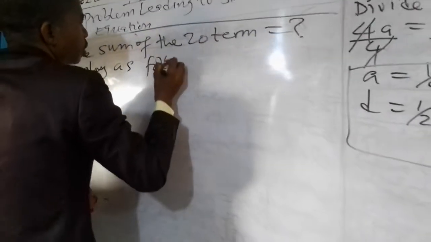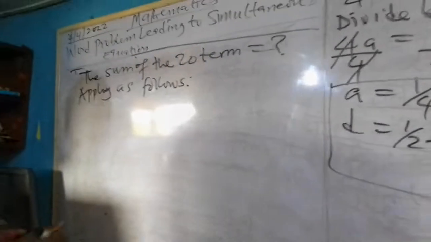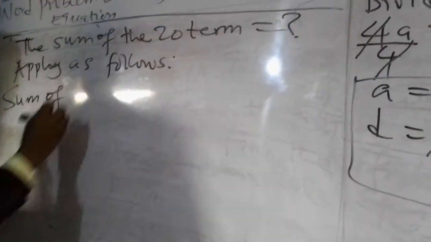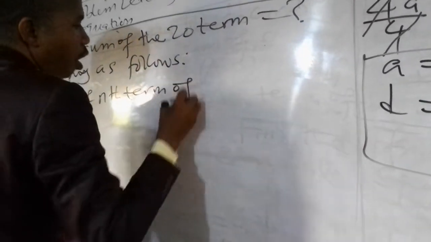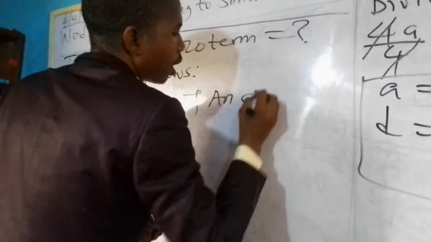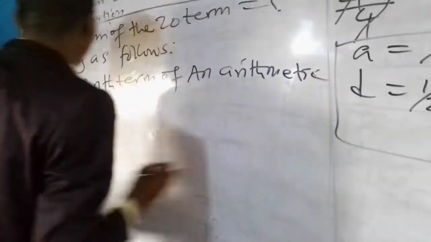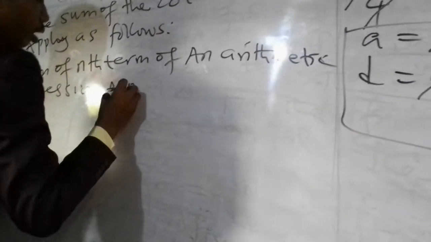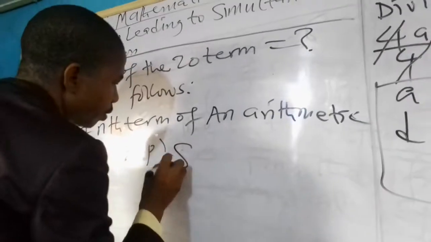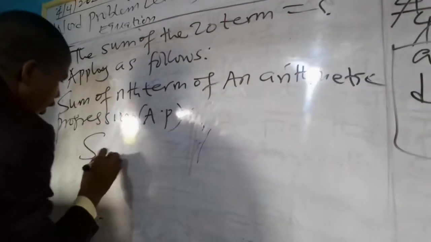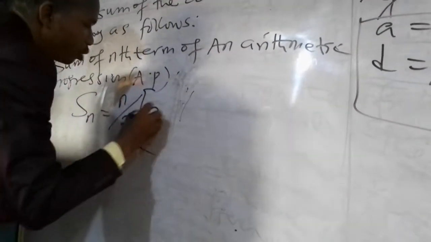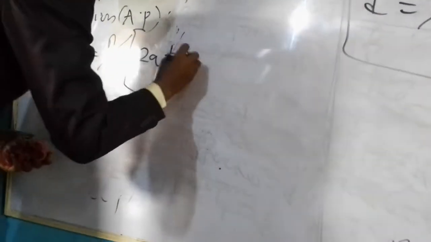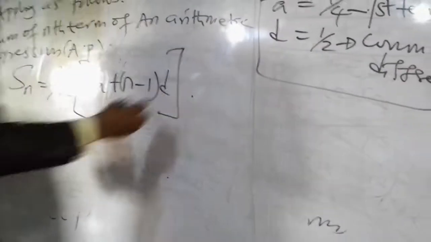Apply as follows. The sum of n terms of an arithmetic progression, AP, is given by Sn, that is, Sn equals n all over 2, into bracket 2a plus bracket n minus 1 into d, close the main bracket.